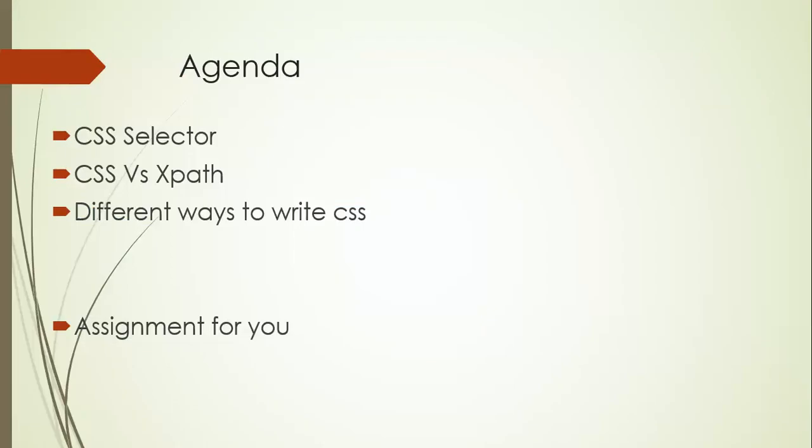So as an assignment, you can take any application, your company application, dummy applications, or take some Ajax applications like Flipkart, Myntra, Amazon, Snapdeal, and try your CSS techniques and try to use that CSS in your scripts as well.